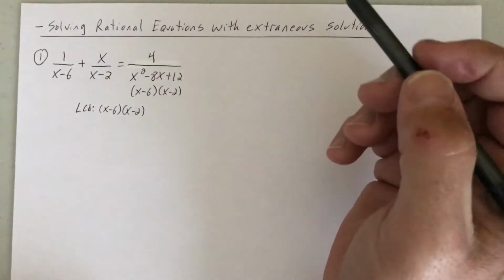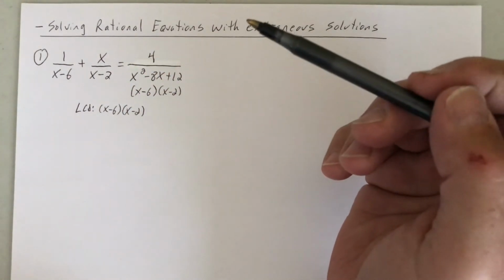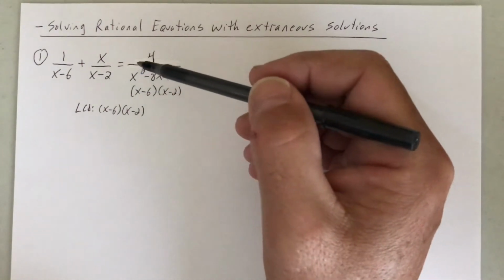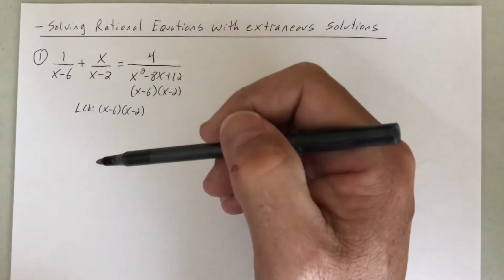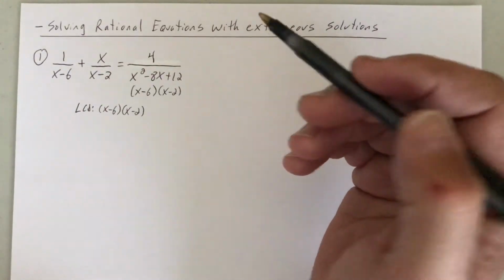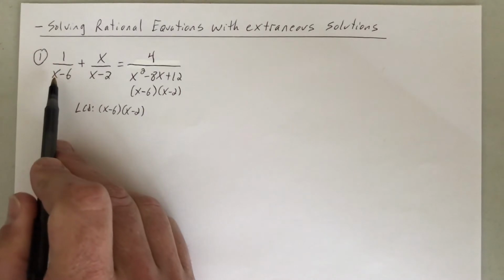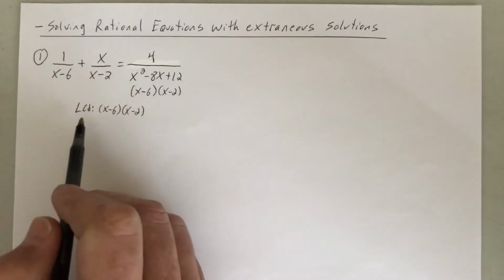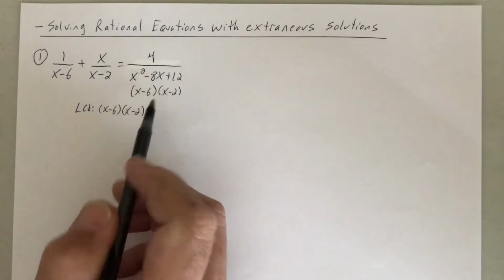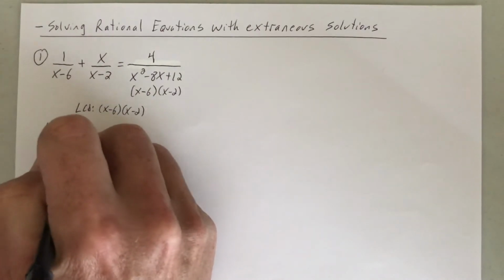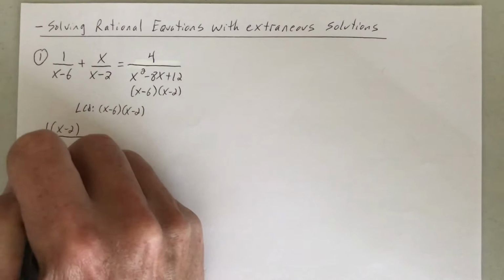So now what we need to do is rewrite this equation using the least common denominator, making sure that we correct for our numerators. So let's go ahead and do that. In order to make this into a fraction with the least common denominator, we have to multiply the top and the bottom by x minus 2. So I already have the 1 there, so I'm going to multiply that by x minus 2.